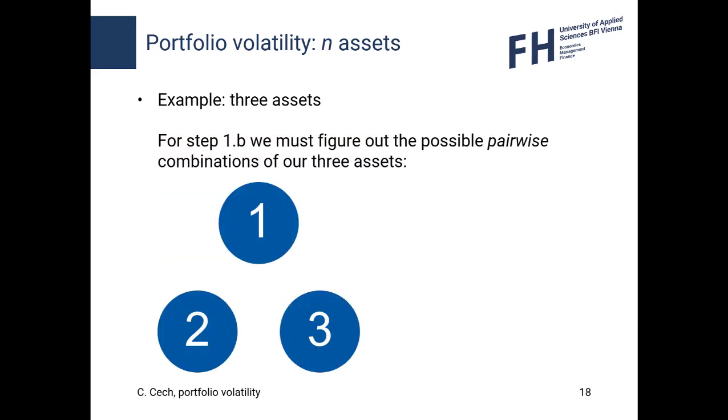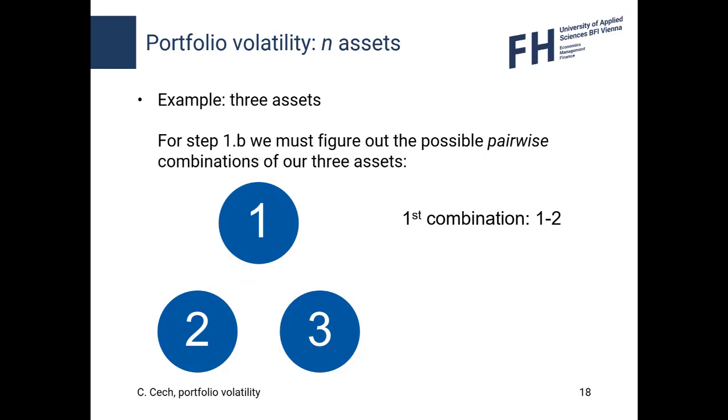For step 1b, we must now figure out the possible pairwise combinations of our 3 assets. What are the possible pairwise combinations? The first possible combination is the combination 1, 2.